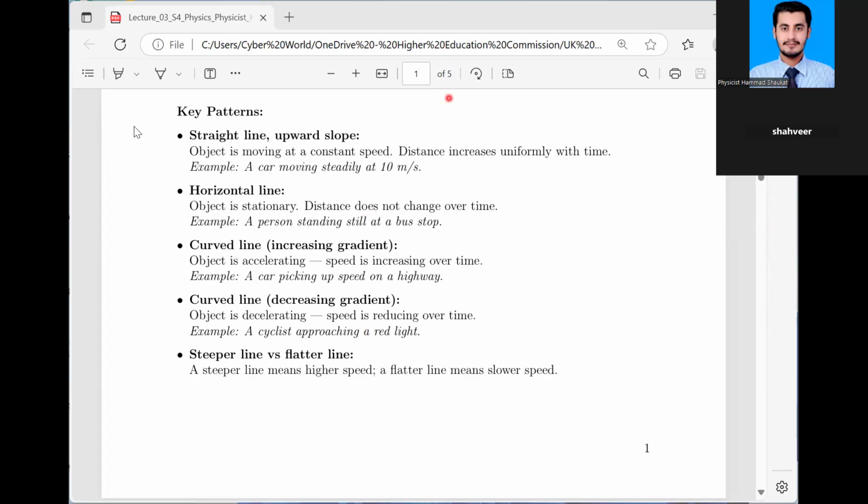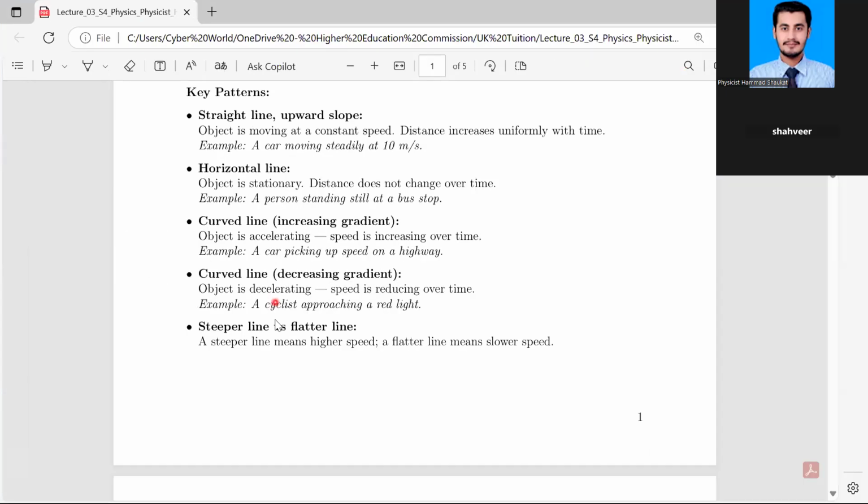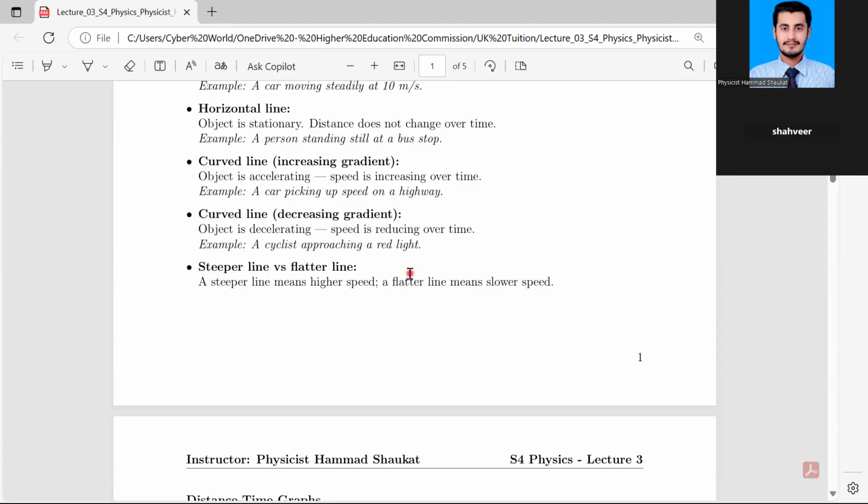Okay, so basically we are saying that if our curved line is increasing, we can say our object is accelerating, and if our curved line is decreasing, we can say our object is decelerating. And we have some steeper lines and flat lines.